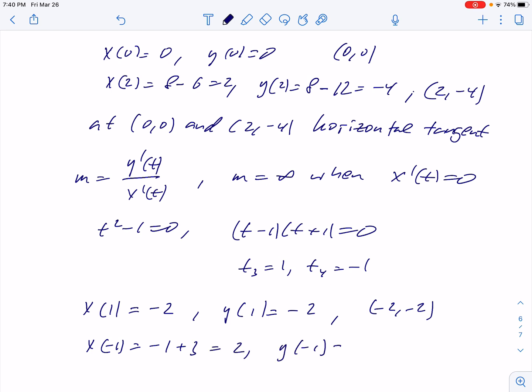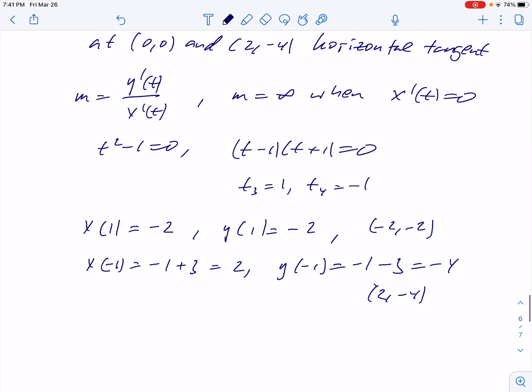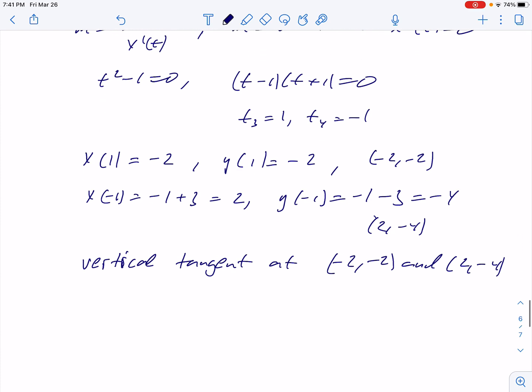Y of negative 1 will be negative 1 minus 3, which is negative 4. So here we have the point (2, negative 4). So we have a vertical tangent at (negative 2, negative 2) and (2, negative 4).